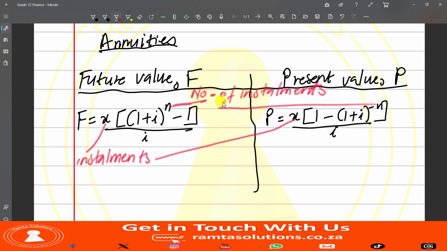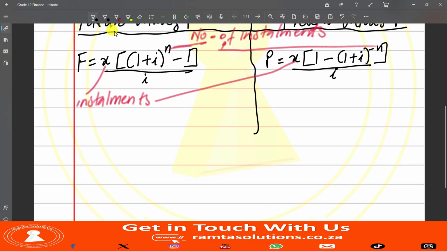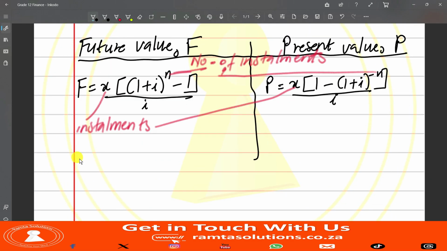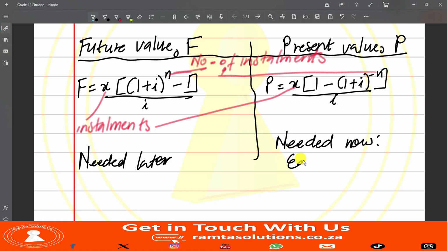Now, what do we need these things for? With the future value, it is one amount of money needed later, so you are paying for future use. This one, the present value, is needed now. An example here is a loan.